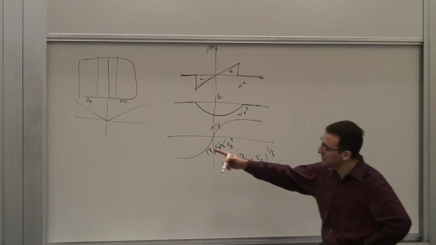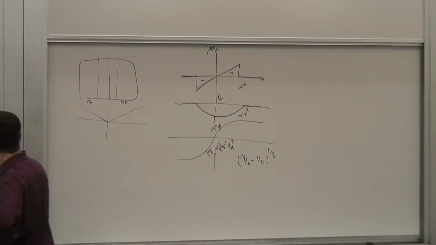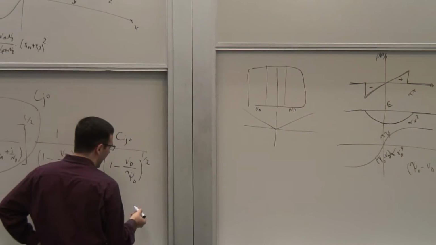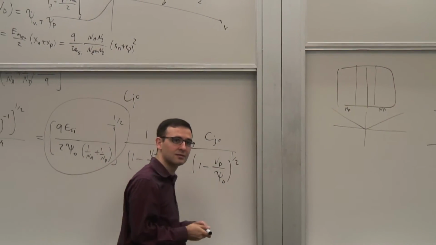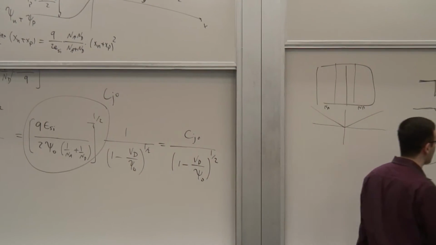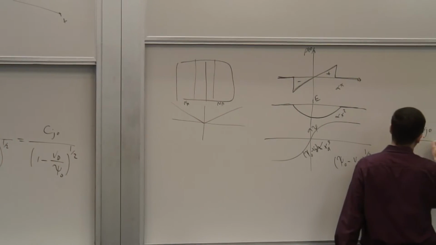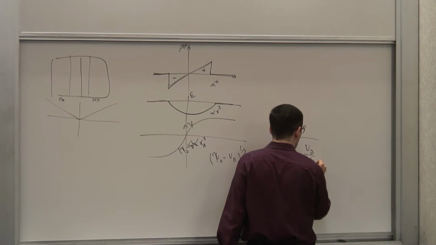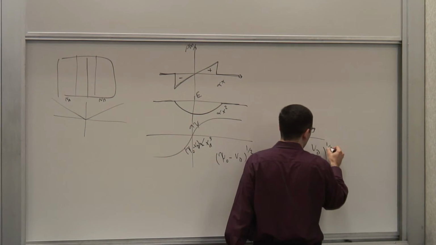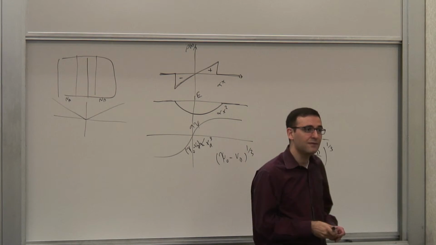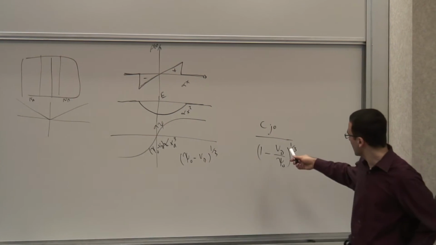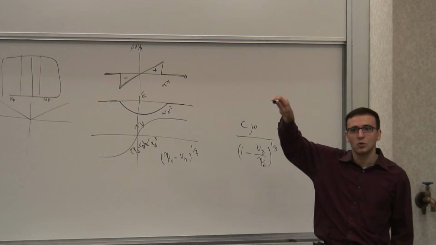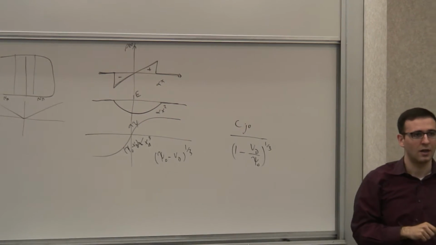And therefore, when I go through this calculation again, instead of this exponent, 1/2, I will get 1/3. So my capacitance in this case would be Cj naught divided by (1 minus Vd over psi naught) to the 1/3. And in fact, you can control this exponent by engineering the doping profile of the junction.